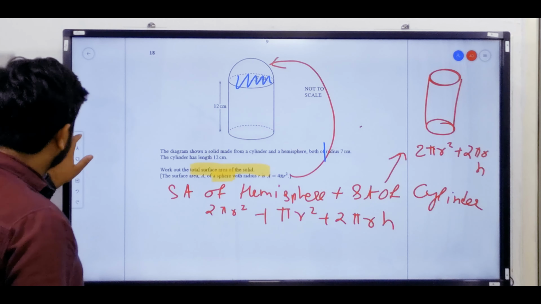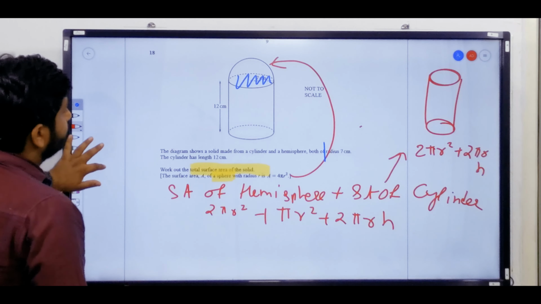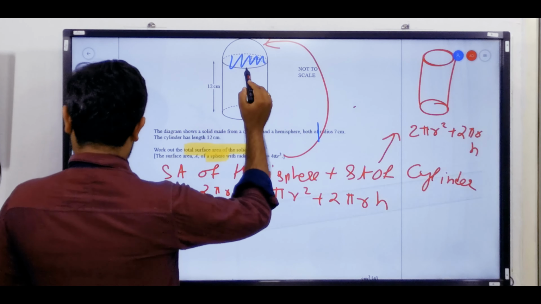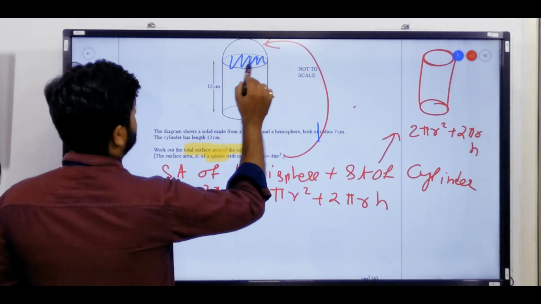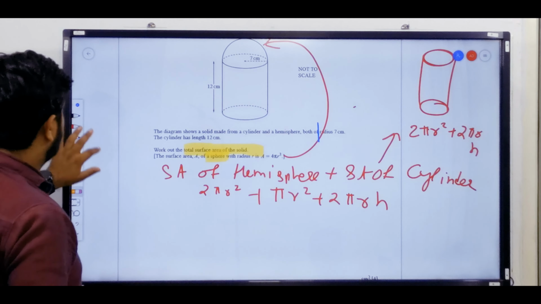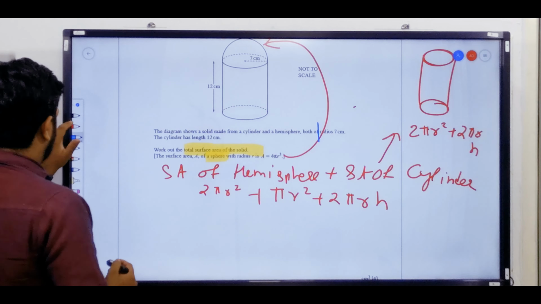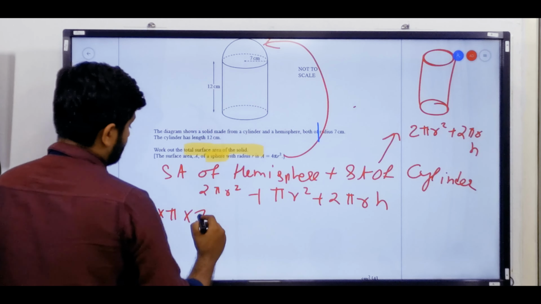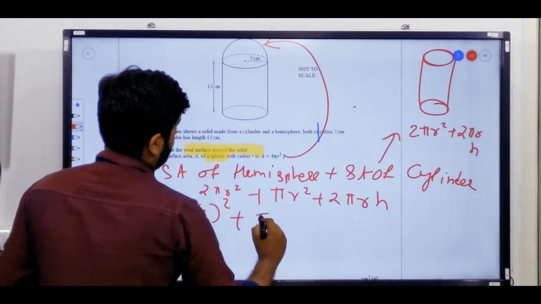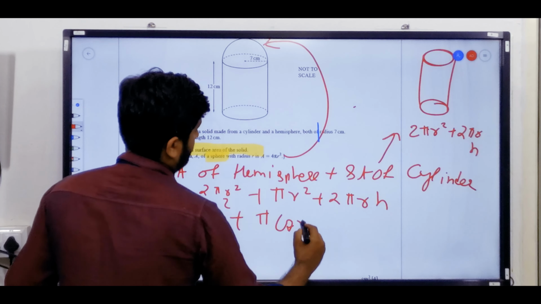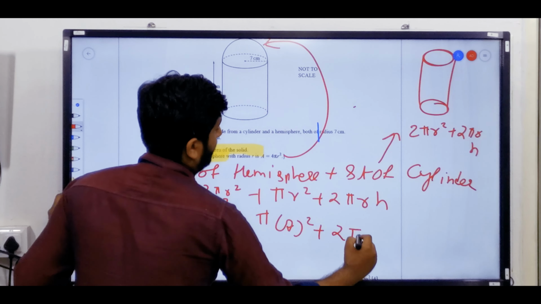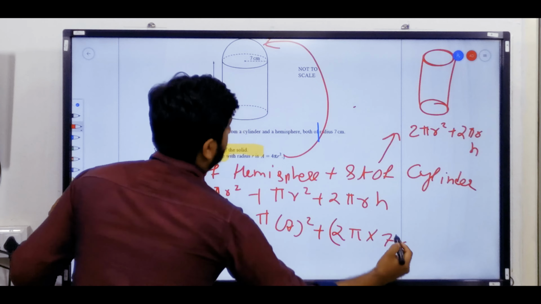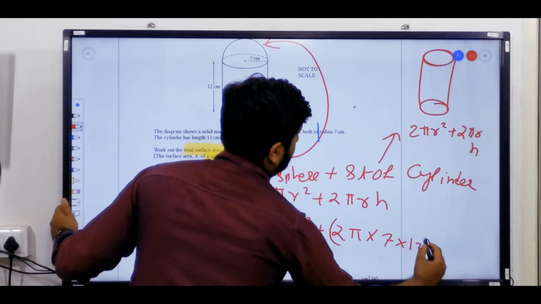Let me substitute all the values. So now 2 pi r square, which is 2 into pi into radius 7 square, plus pi into 7 square, plus 2 into pi into 7 into height, which is 12.